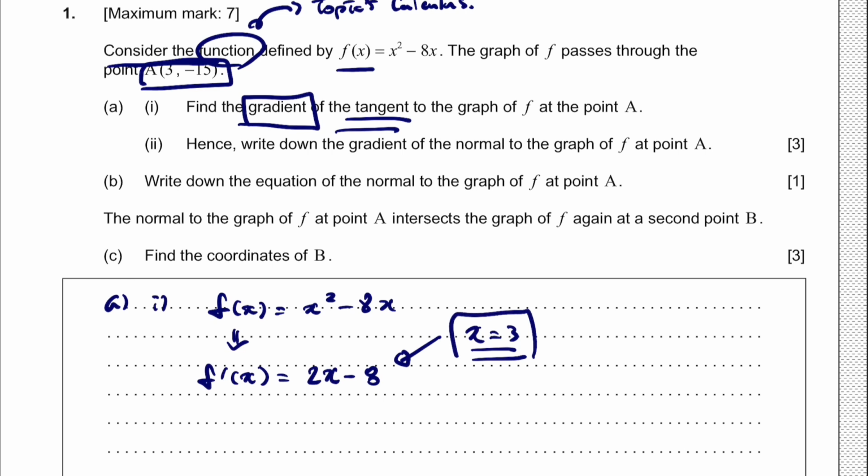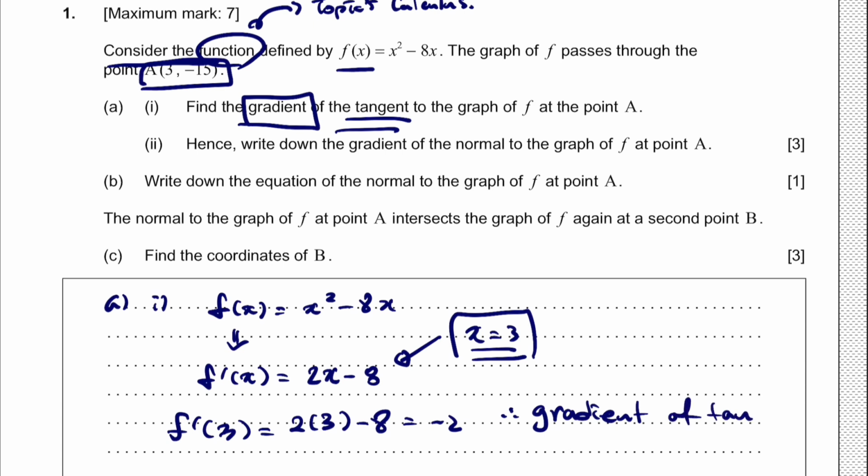So f'(3) equals 2 times 3 minus 8, which gives us negative 2. And we can say that the gradient of the tangent is equal to negative 2.